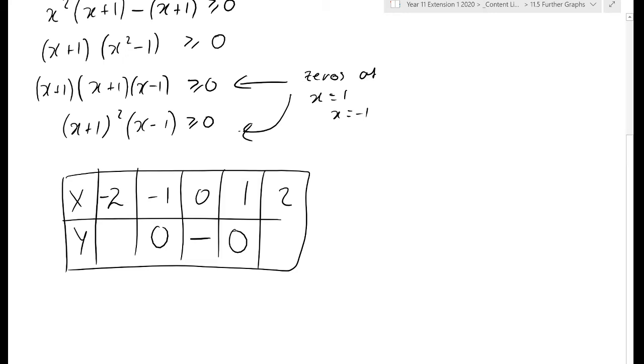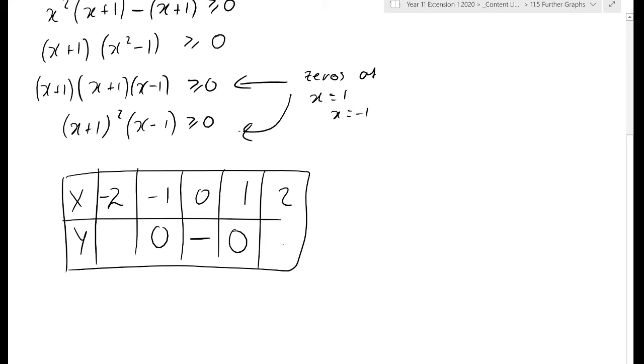Okay, putting 2 into there, I get 2 plus 1, which is equal to 3, squared, which is equal to 9. And I put 2 on the other side, and I get 2 minus 1, which is positive 1, sorry.